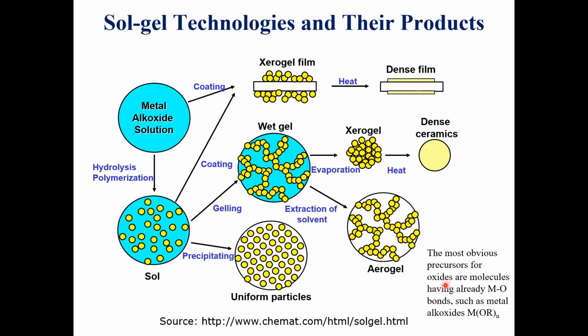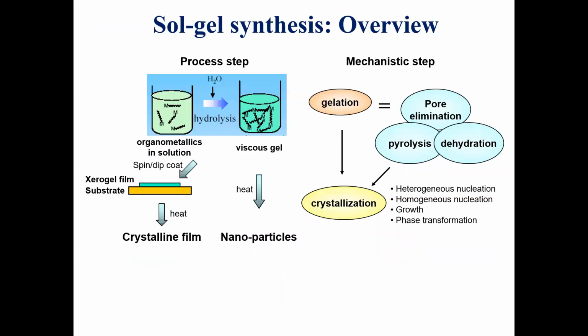The most obvious precursors for oxides are molecules that already have metal oxygen bonds formed in the solution, such as the metal alkoxides. This is what you buy as the precursor for making your material. With respect to the hydrolysis and polymerization process, you can see a lot of mechanistic steps going from gelation to eventually crystallization.